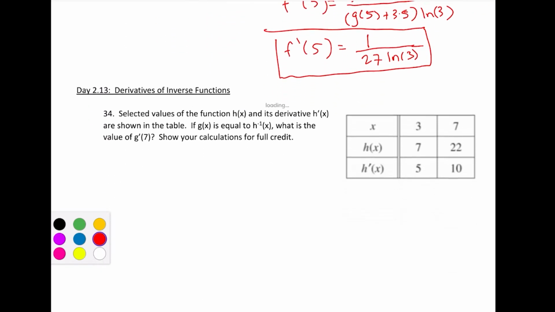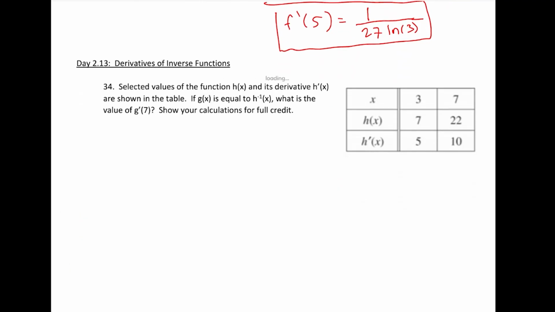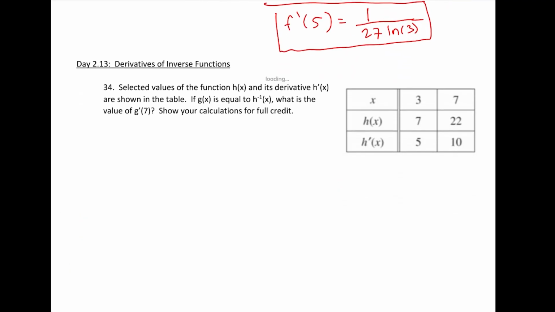Number 34. Okay, we got selected values of the function h of x, and some selected values of h prime are shown in the table. If g is equal to the inverse of h, so if that's the case, let me write this out.